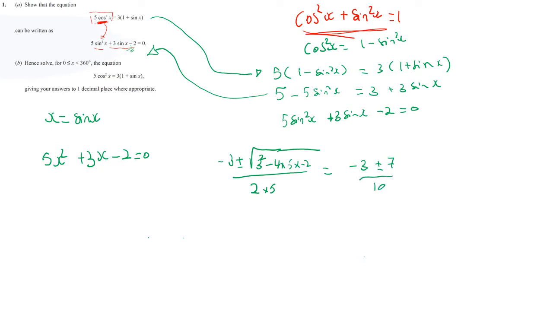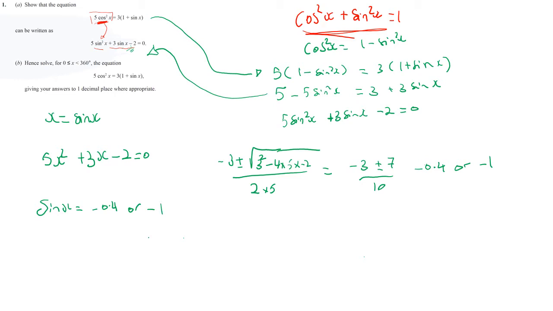Okay, so that is negative 0.4 or negative 1. So that means that our sine x is equal to negative 0.4 or negative 1.